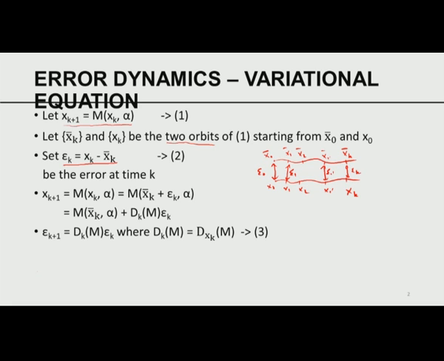So what is epsilon_k? Epsilon_k is the difference in the forecast of the model at time k induced by the difference epsilon_0 in the initial condition that is used to generate the two different forecasts. So if epsilon_0 is the error in the initial condition, epsilon_k is the induced error in the state of the system at time k.